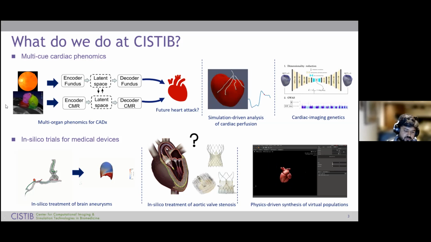The other area of research that we focus on is this new field of in silico trials for medical devices. So in silico trials, as the term suggests, means computer generated or virtually orchestrated trials where you can examine the performance of a specific medical device and how it might interact in a virtual or digital setting.